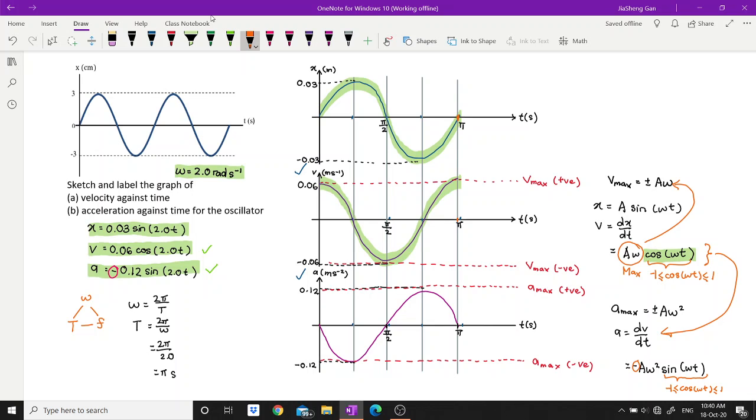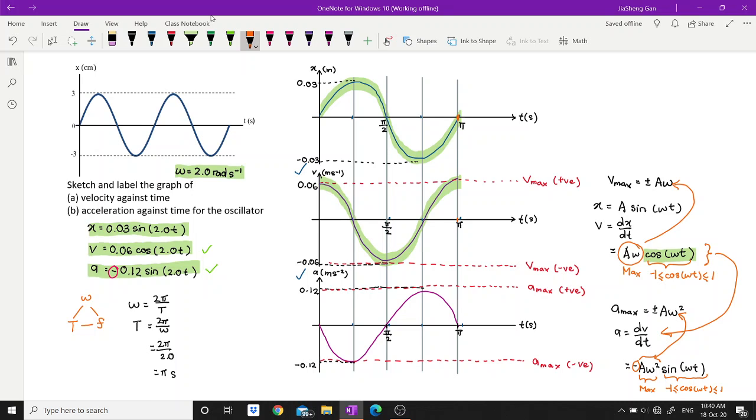So this will be our maximum, and that's why you get this. So that's how you derive the maximum acceleration. It's plus minus A omega square, plus minus because you're fluctuating within the range of negative 0.12 to positive 0.12. So that's maximum acceleration.